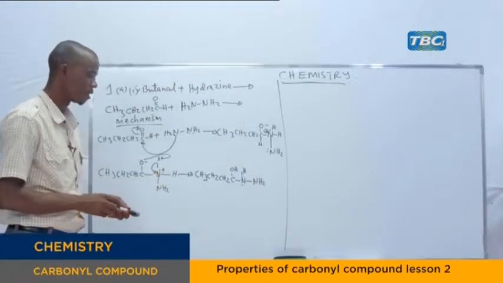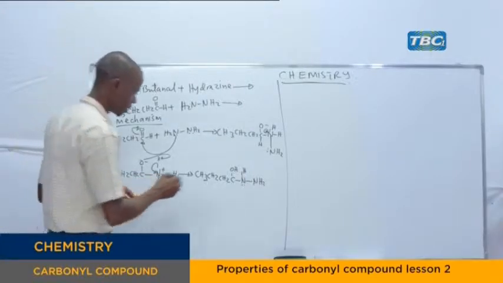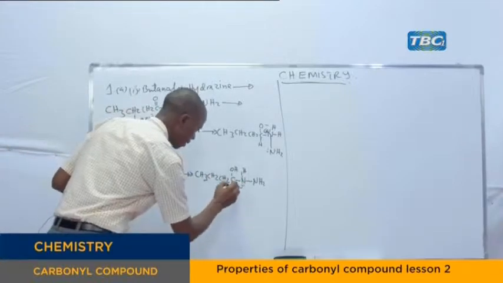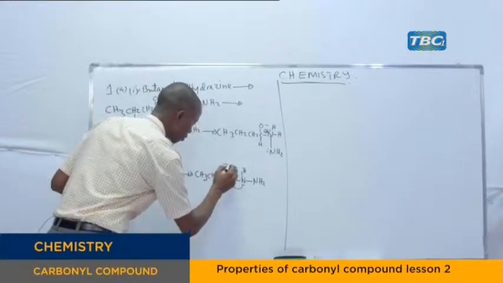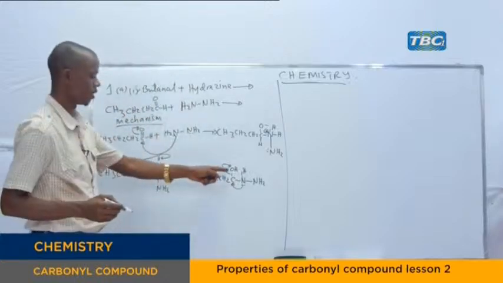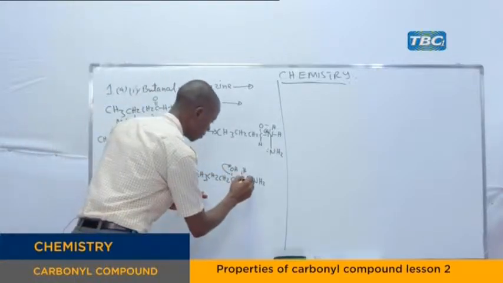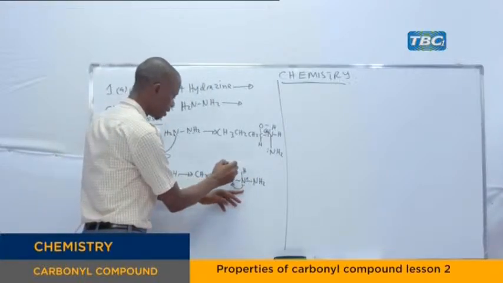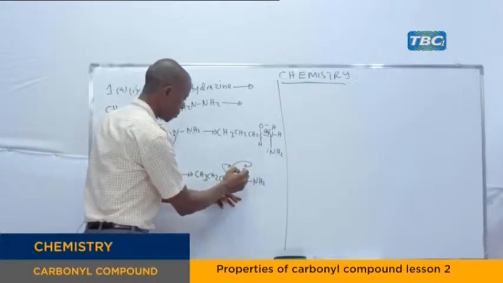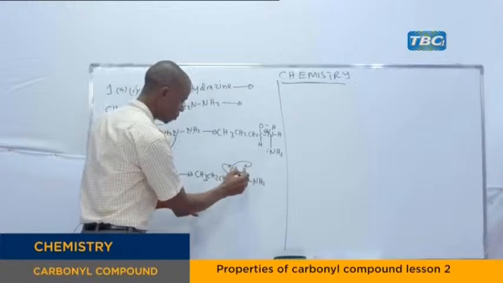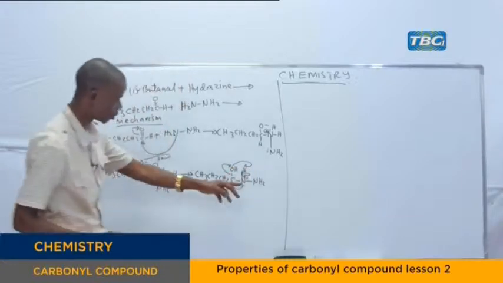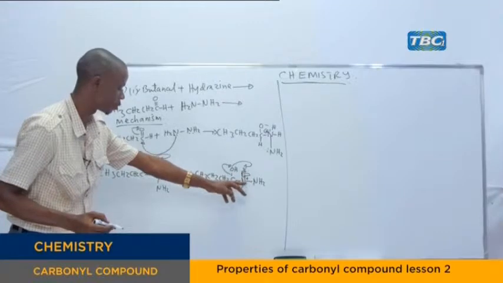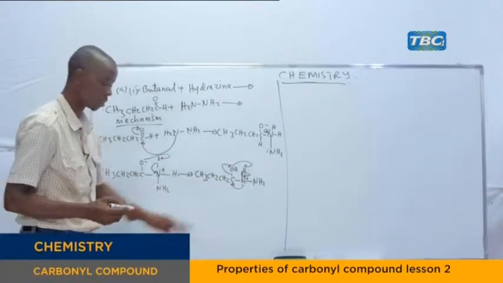So from there, what next, my dear student? This proton as well will attack this carbon atom, making the electron come to this one. If that is the case, this will become positively charged because it loses the proton. Now this will attack this proton. The bond between hydrogen and nitrogen breaks. Now, the nitrogen atom will also get the electron with that lone pair which was lost.